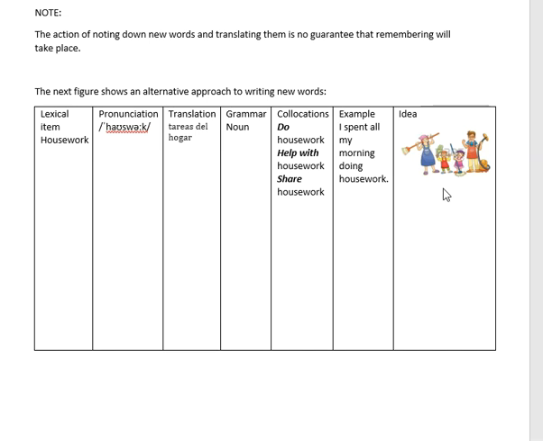And last, but certainly not least, kind of an image which you can associate the word with. Now here, of course, I've copy pasted it from the internet, but the idea is really an image that you relate the word to.